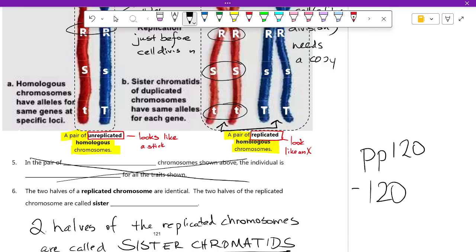And if you finish 121, you can read 122 and try the questions on 123, 24, and 25.